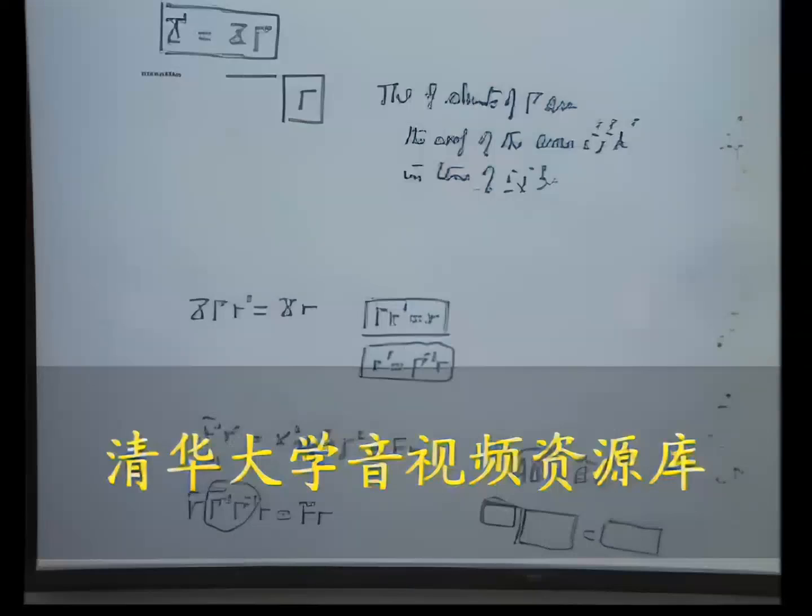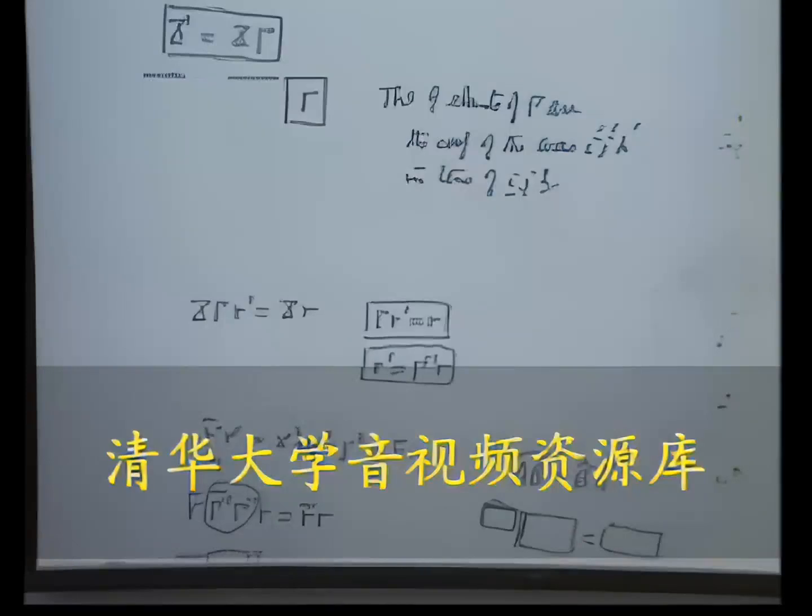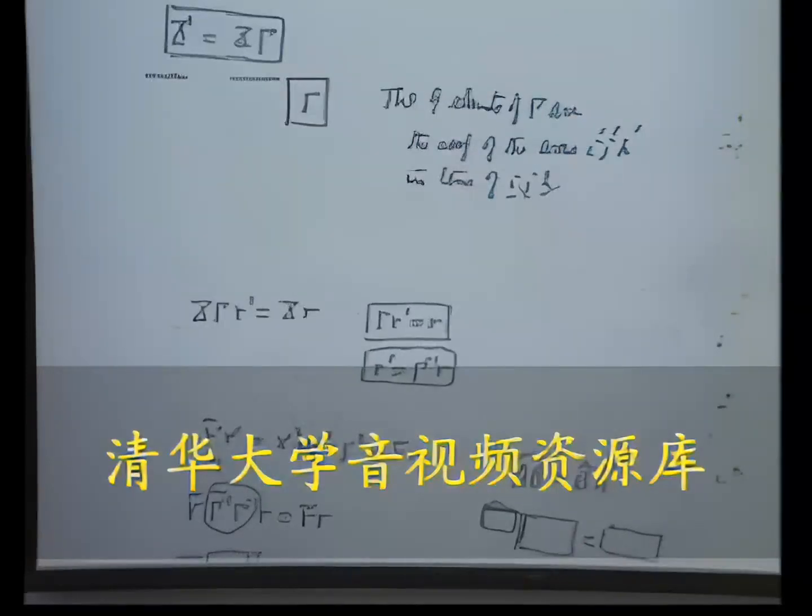This is a 3 by 3 matrix. But this is nothing but x squared plus y squared plus z squared. And here is x, y, z, here's x, y, z. And if you think about it for a few minutes, you immediately know that this has to be equal to 1.